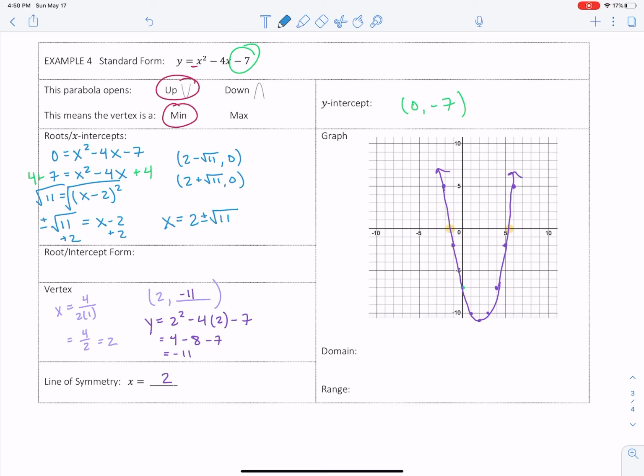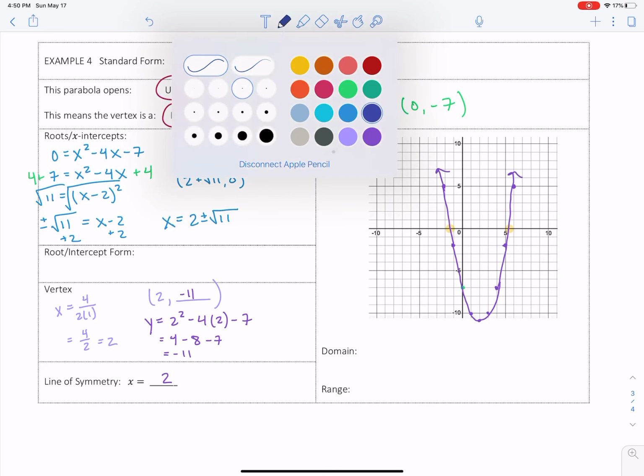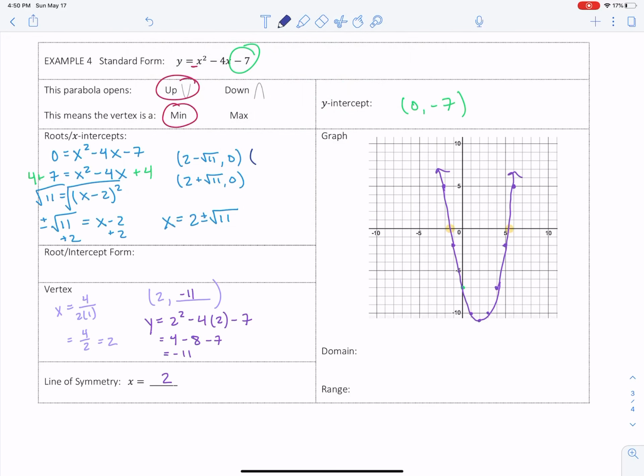Now, if you plug this into a calculator, I'm going to do it with you. 2 minus the square root of 11 is about negative 1.31, and that goes through the point approximately negative 1.3.